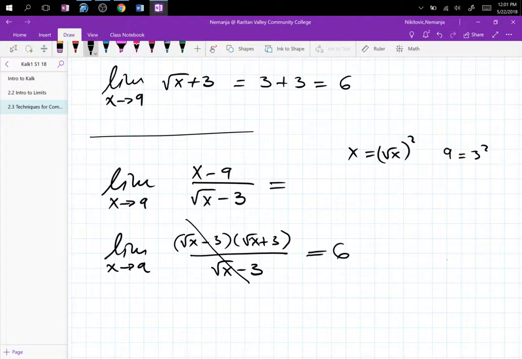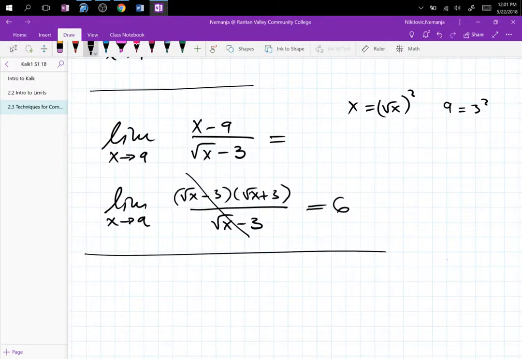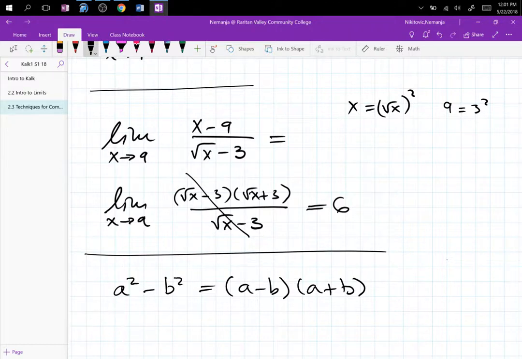All right, so, guys, you can factor anything. It doesn't have to be x squared minus 100 for it to work. So this says that a squared minus b squared is a minus b, a plus b, right?